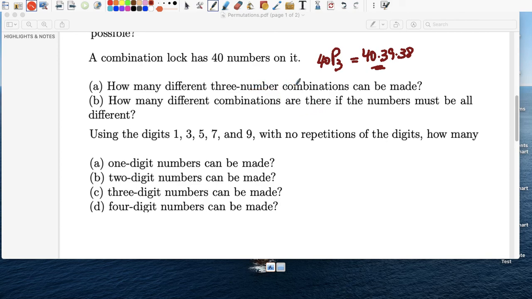Ooh, 3 different number combinations can be made. It didn't say if we could repeat it or not. Okay, because the letter B says how many different combinations are there if the numbers must be all different. So for A, if they can be repeated, it would be 40 times 40 times 40.